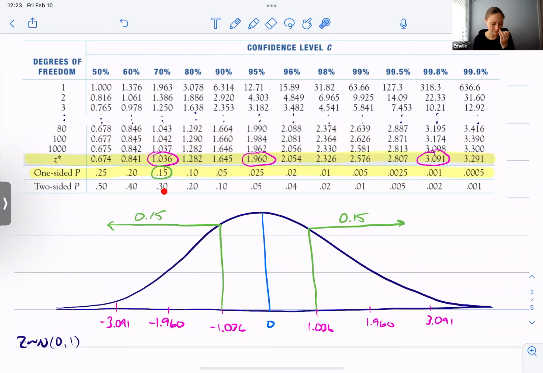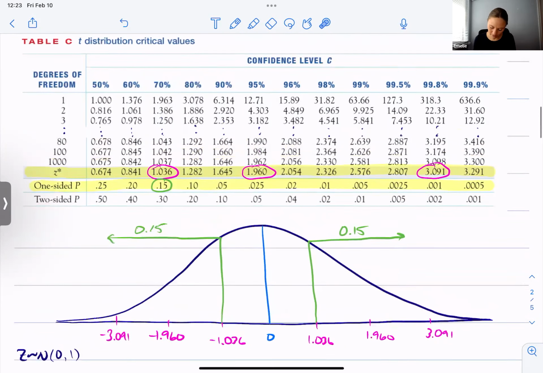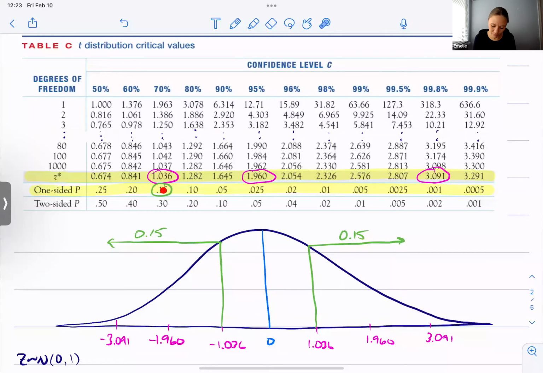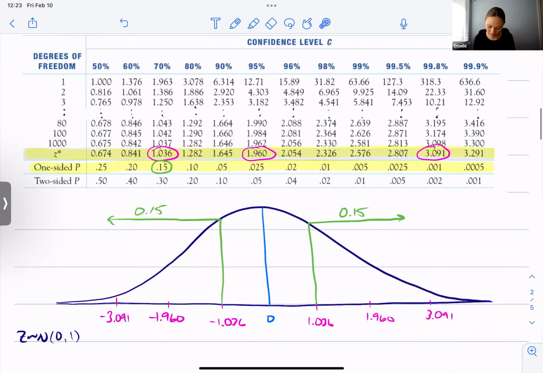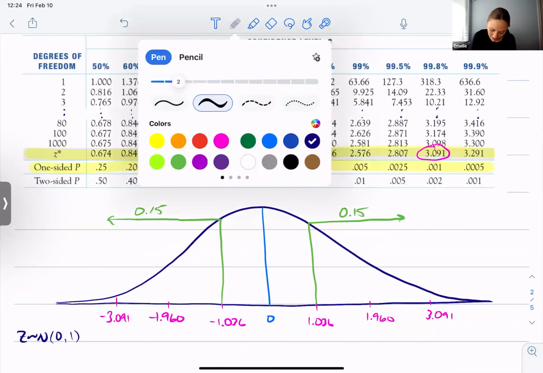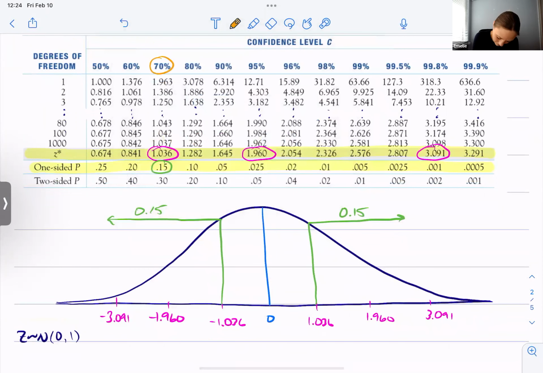The other thing, if we trace up to this confidence level, now we haven't talked about what the confidence level is, but what I want to show you is that the confidence level is 70%. So what does that mean? Well, I can see here that the area in between is 70%.